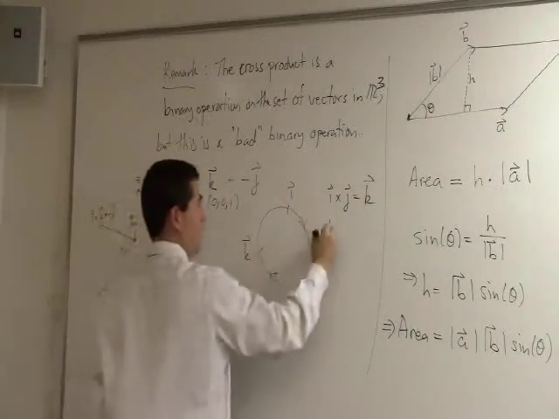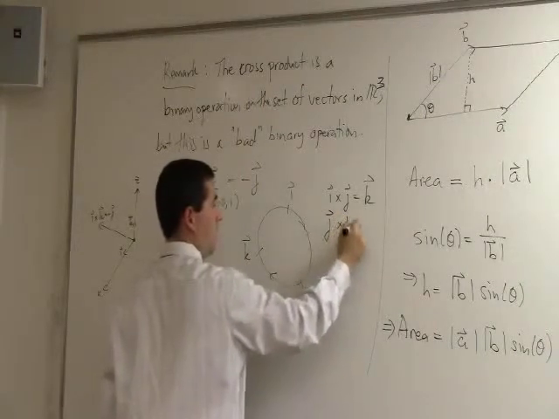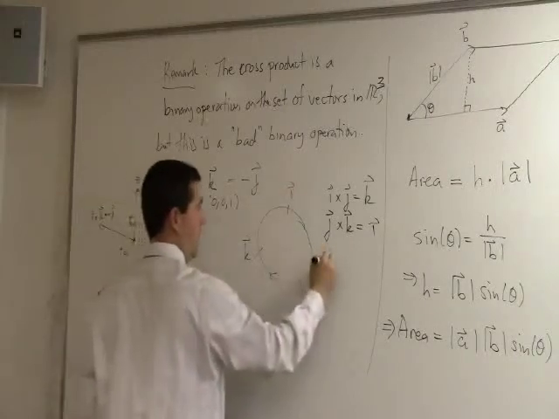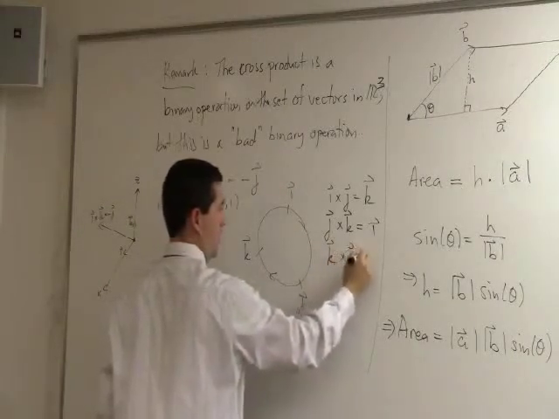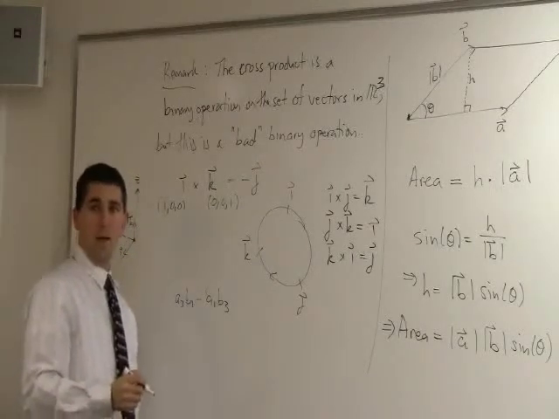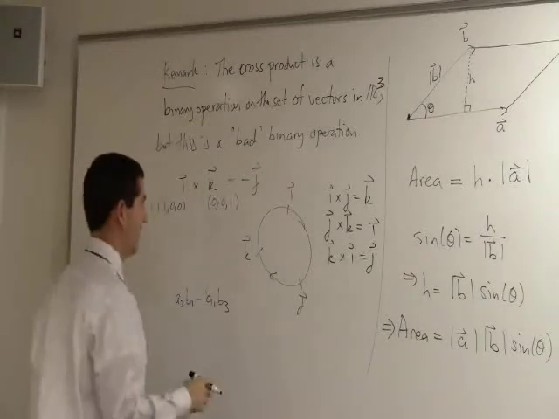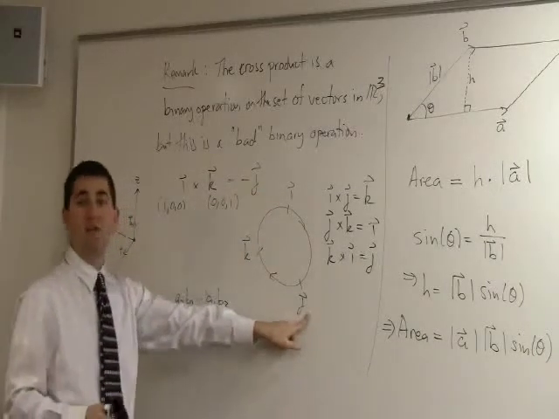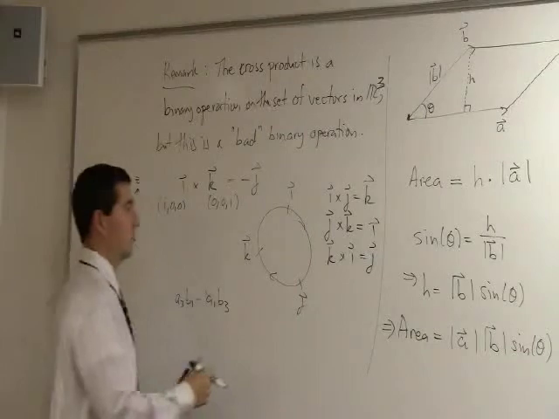If you do j cross k, you get i. And if you do k cross i, you get j. But if you go backwards, like we did here, i cross k, you don't get j, you get minus j.